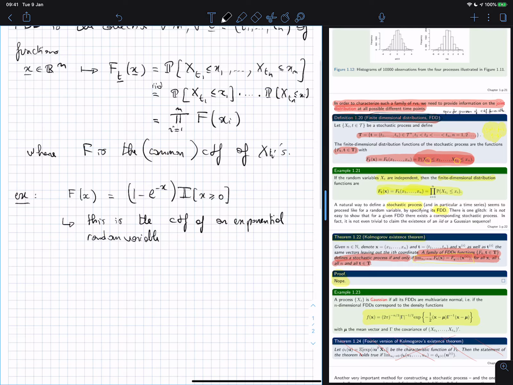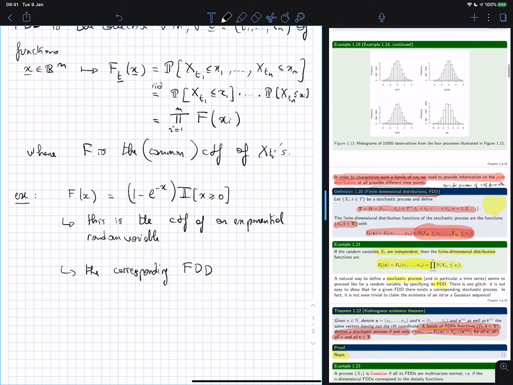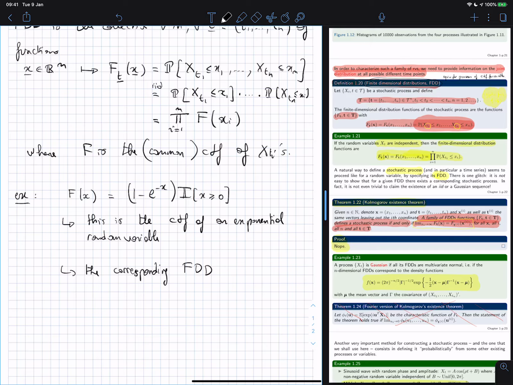And then I know that the corresponding FDD is given by what? Well, x in R^n is sent onto the product for i going from 1 to n of f(x_i).